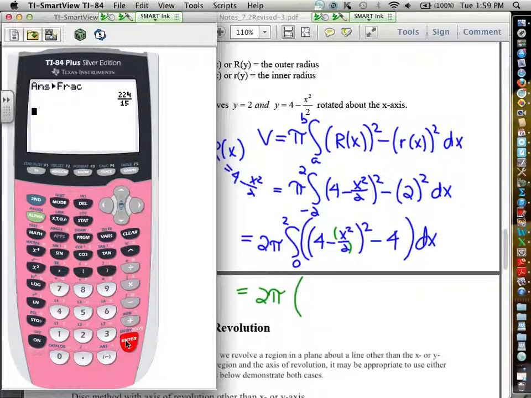Yeah, mine has a newer operating system, so it may look different from yours. And then multiply by 2 pi, and we get what? Times the 2 pi, yeah, because remember we changed it from 0 to 2. 448 pi over 15?